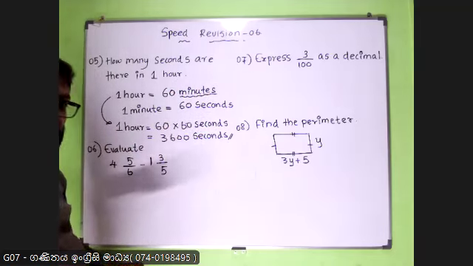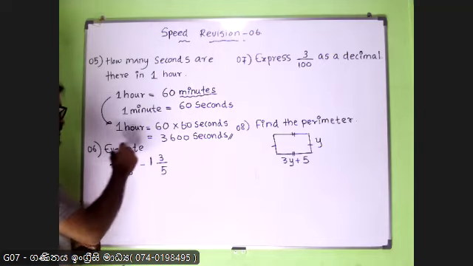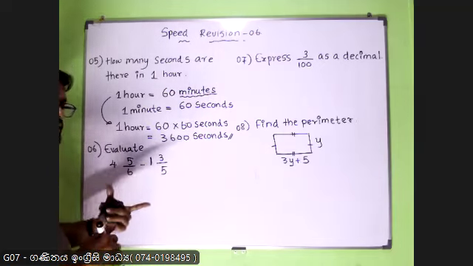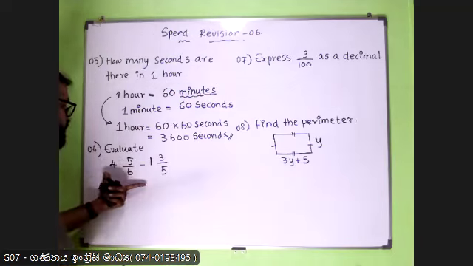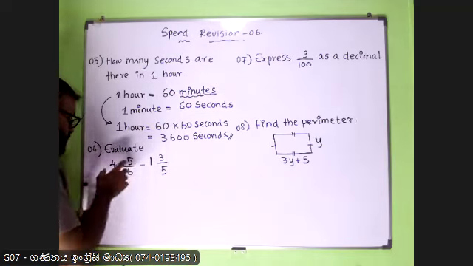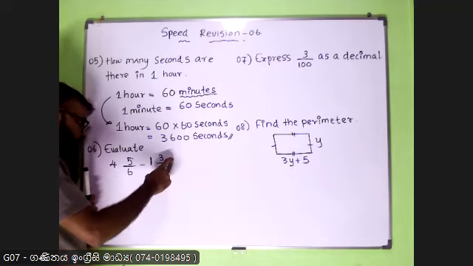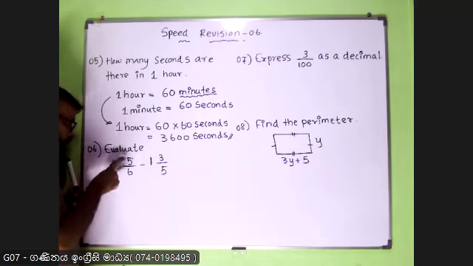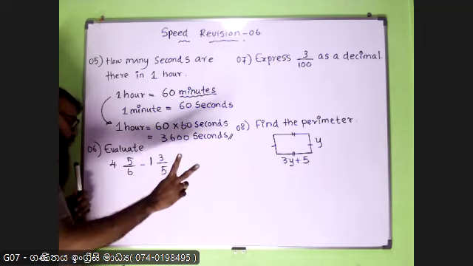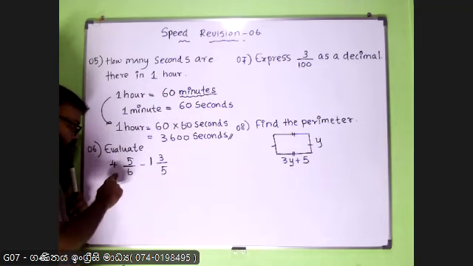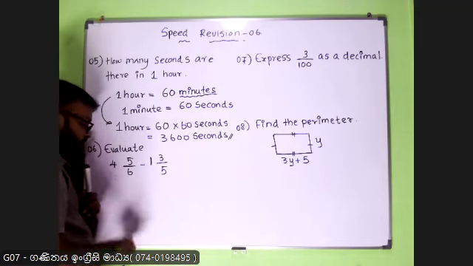Right. So now this is a fraction. There are two ways to simplify this fraction. This is a mixed number and this is also a mixed number. Inside a mixed number, there are two parts: the whole number part and the fraction part.